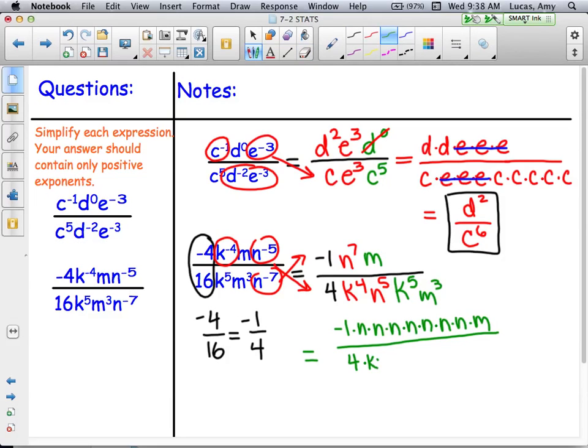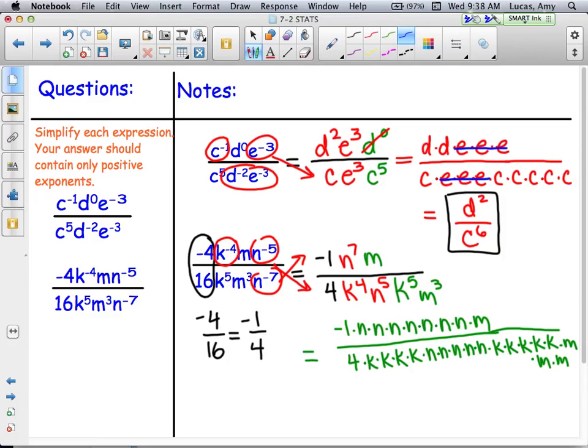and on the bottom, we've got a lot going on here. Okay, so I can cancel out.